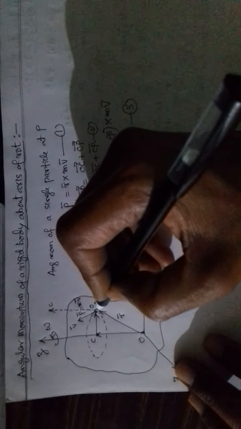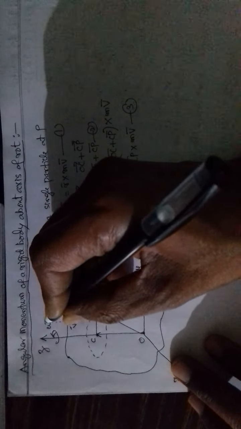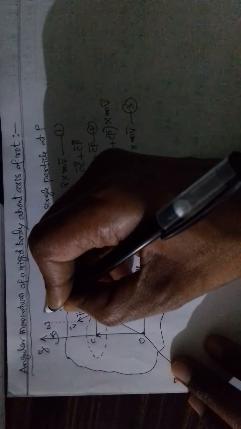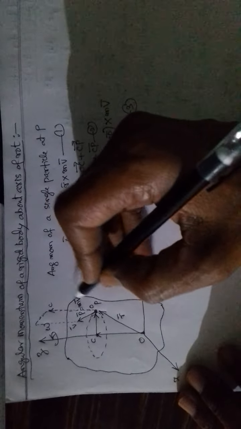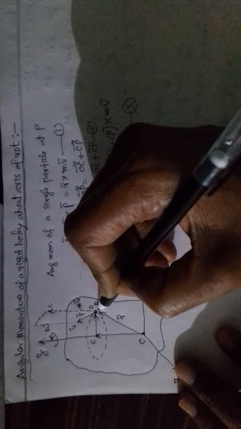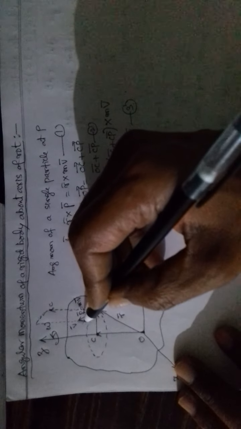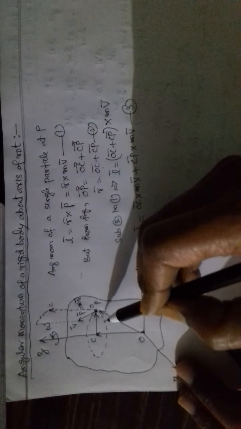This is OC, and OC cross V. This is V. Now, OC is vertical, and the velocity vector is horizontal because this circle is in a horizontal plane.